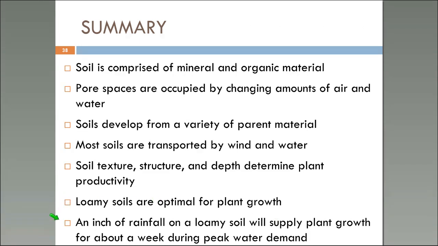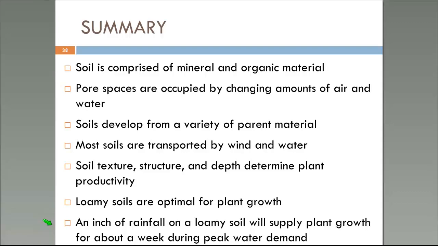Okay, so just to summarize this front portion of our discussion, soil is comprised of both mineral and organic matter, and the soil pores are occupied by varying amounts of air and water, depending on when the last rainfall event was. So it's about 50% mineral and organic, 50% pore space in general.